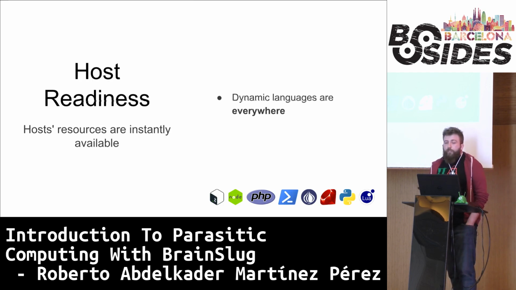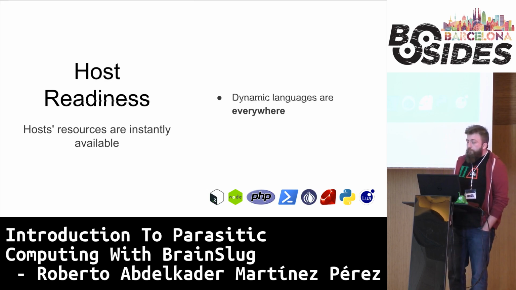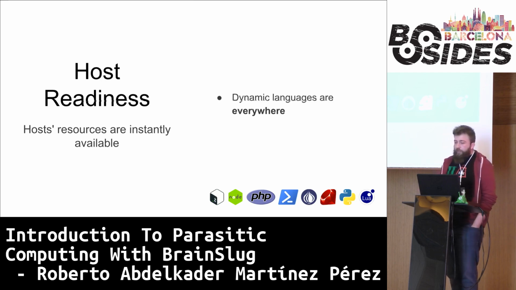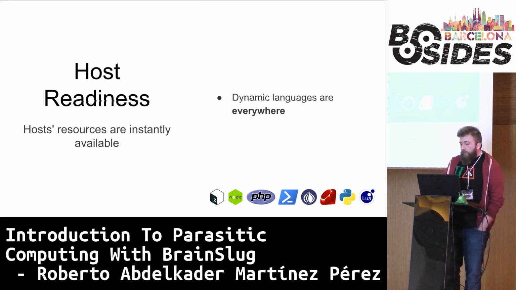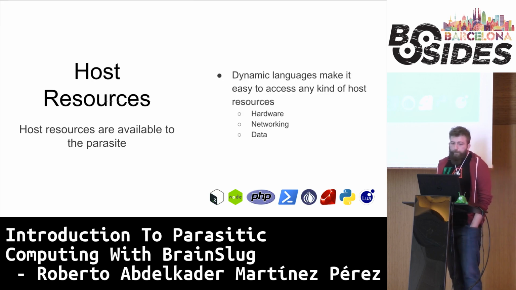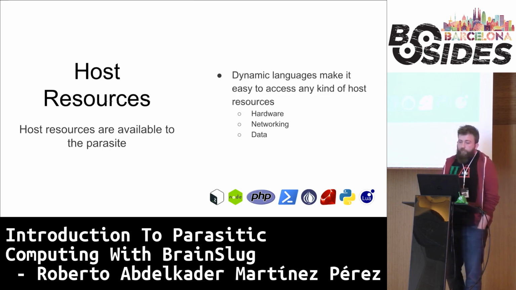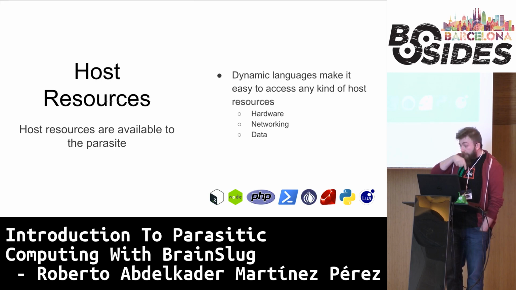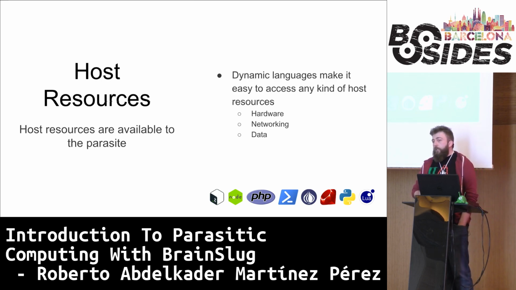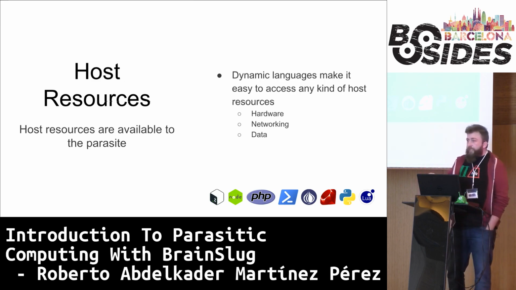They also provide host readiness, and I mean that dynamic languages are everywhere. In every system, I think there is at least a shell, and a shell is a kind of dynamic language in a way. And also access to the host resources. Dynamic languages make it easy to access any kind of resource. They are very high-level languages.